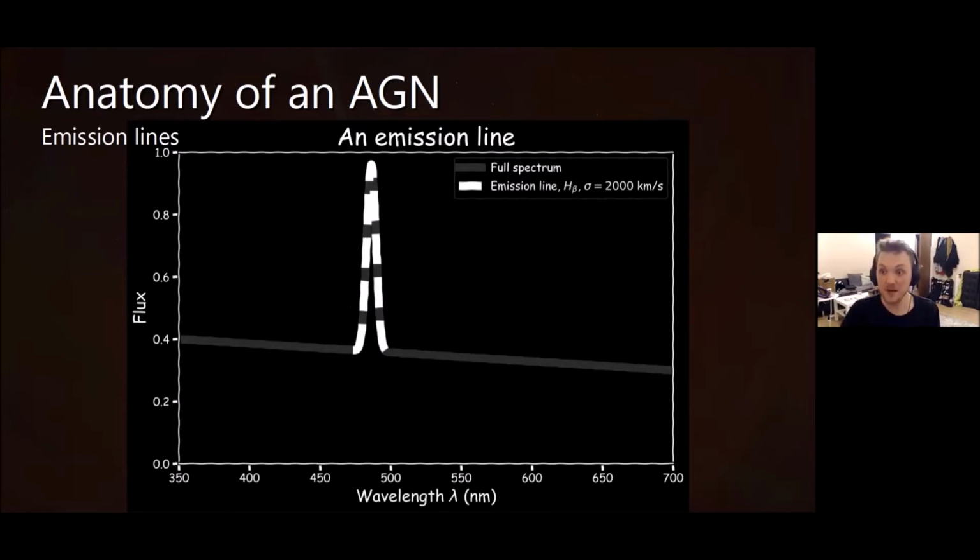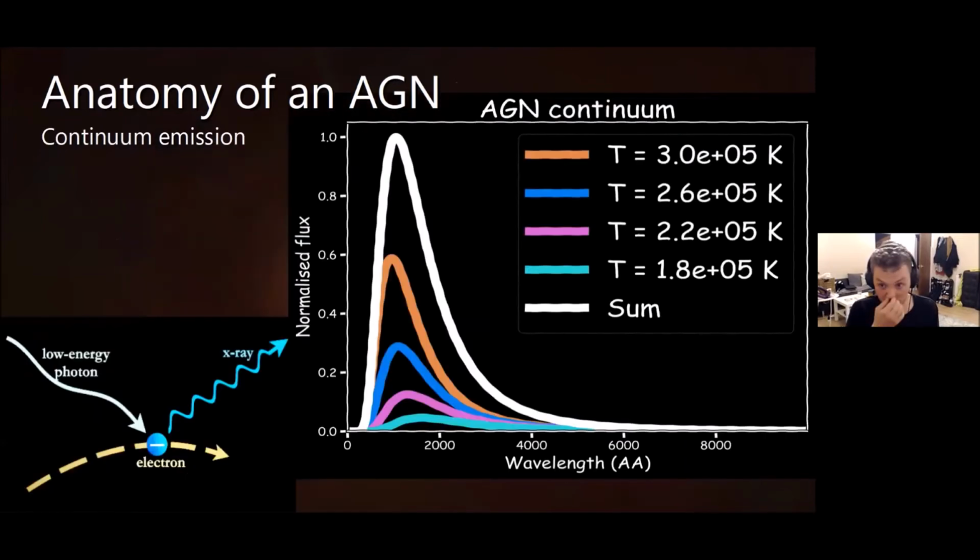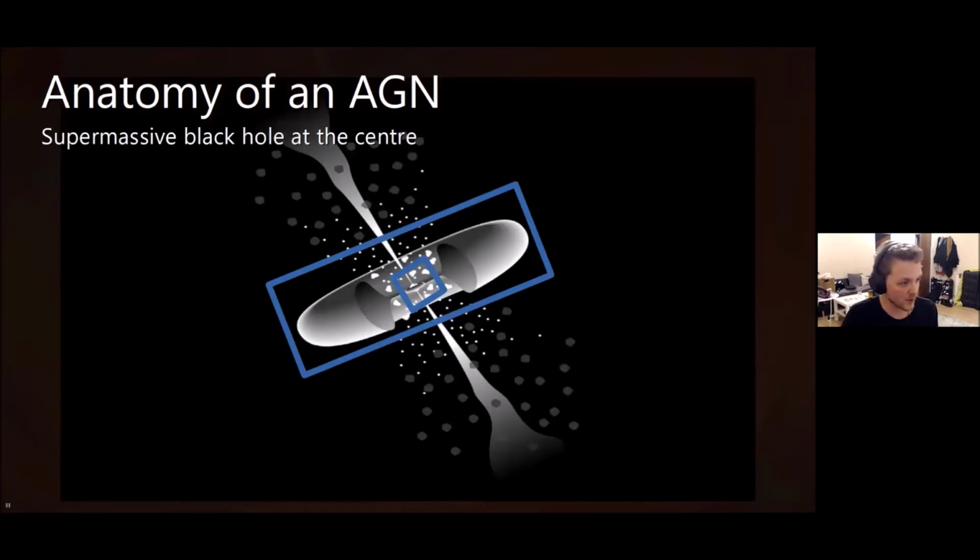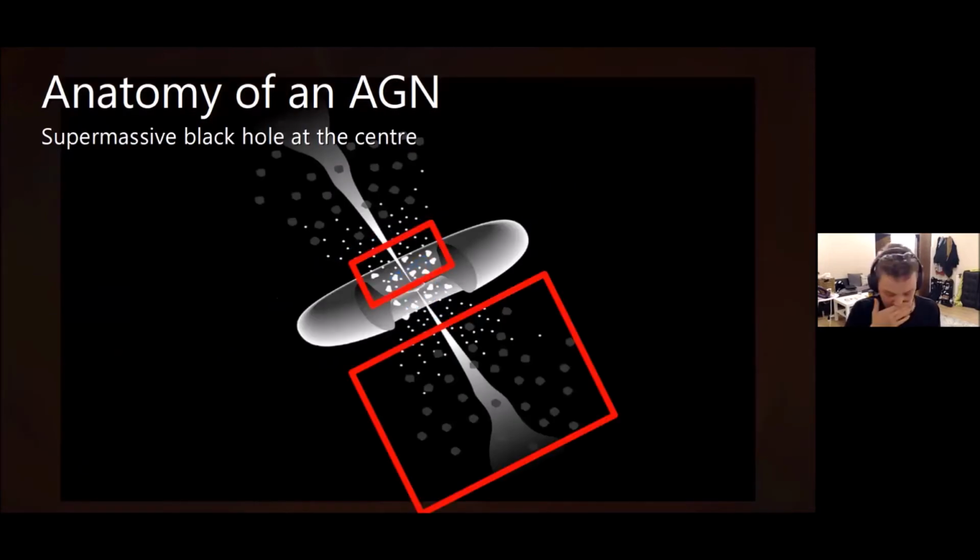On the other hand, if you have something that's only rotating at 2,000 kilometers a second, which is still a lot, then we get a much narrower emission line. In this case, perhaps only around 10 nanometers.